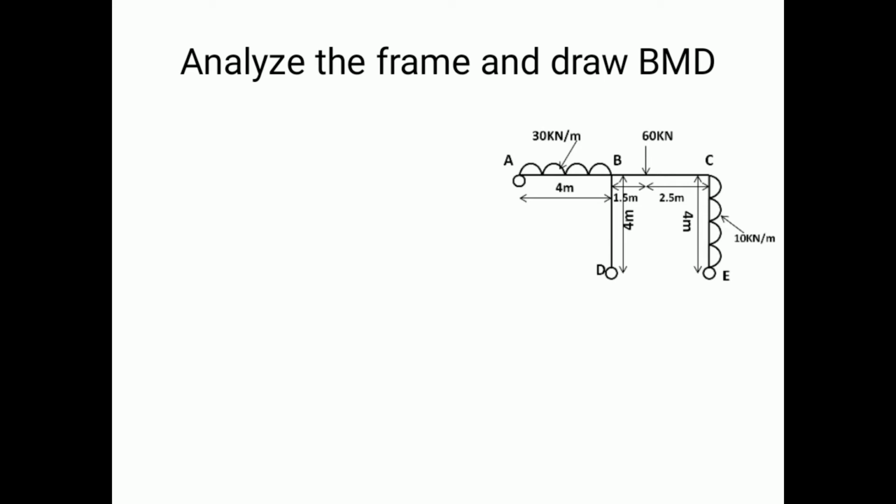So with this we are supposed to find out the fixed end moments. Our first step to analyze a frame is calculation of fixed end moments. First we take the span AB, which is subjected to a uniformly distributed load.